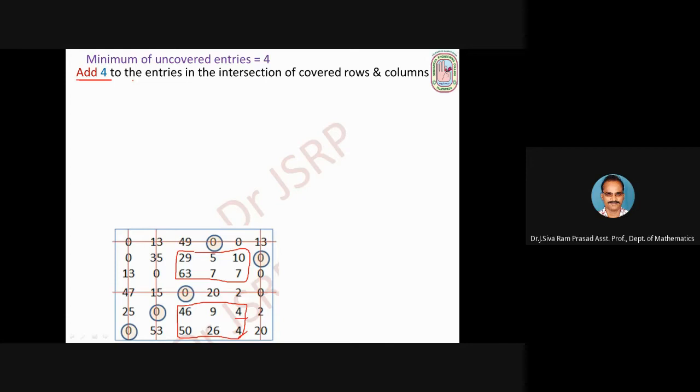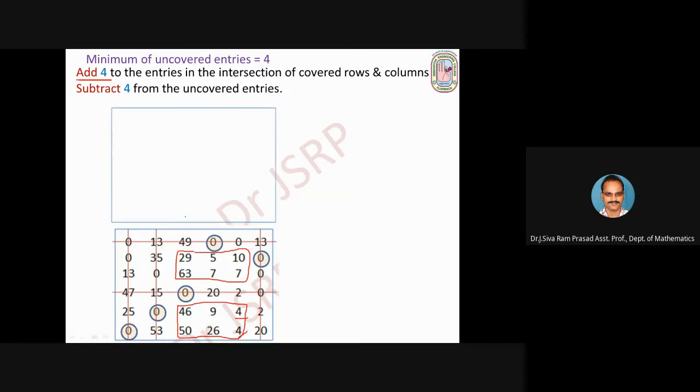Add 4 to the entries at the intersection of covered rows and columns, and subtract 4 from the uncovered entries. The entries in a covered row only or a covered column only remain the same.